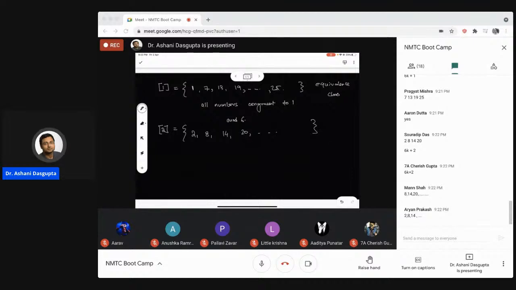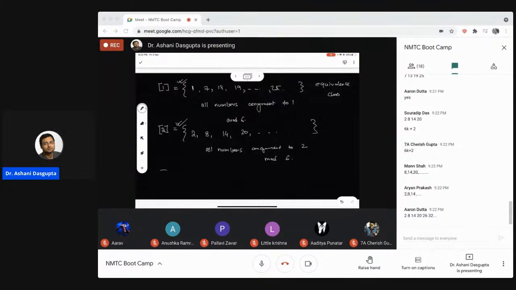So we have all numbers which are congruent to 2 modulo 6. So these sets are known as equivalence classes.